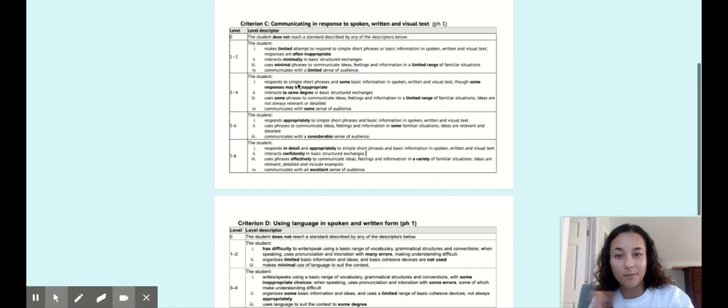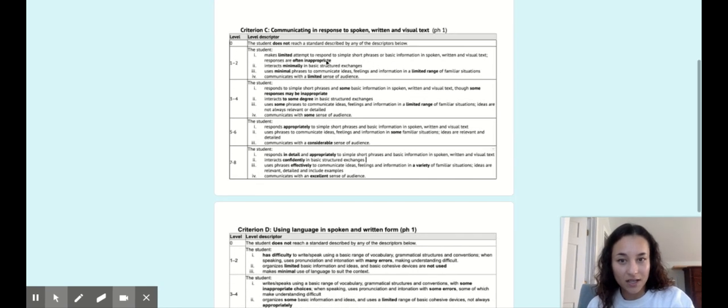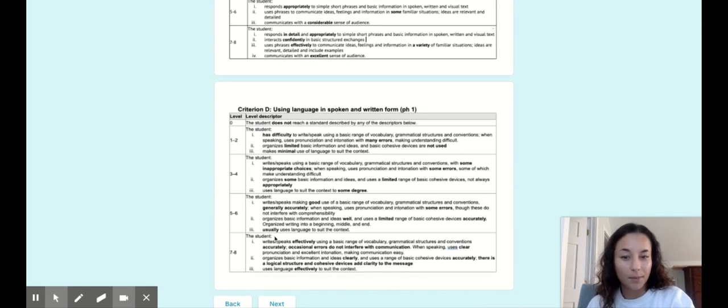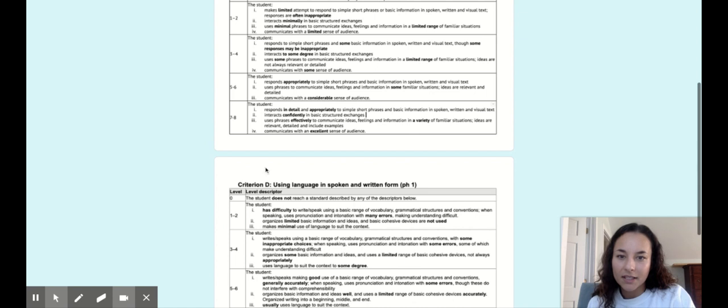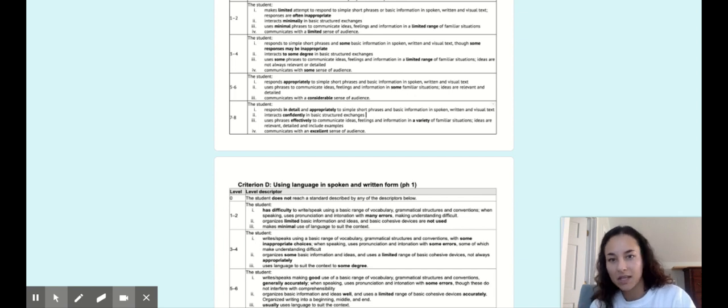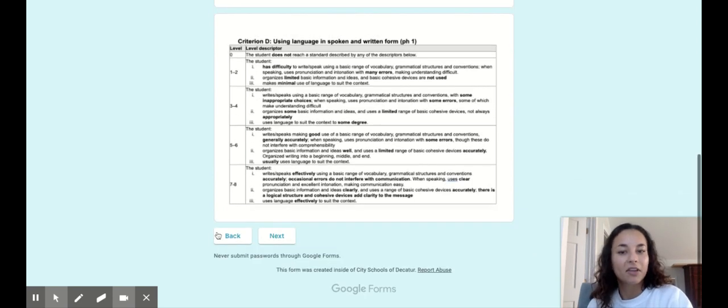So Criterion C is about communicating a message, and Criterion D is more about how accurate that message is. Just know that the 5 and 6 range on both of them is good, appropriate. The 3 or 4 is mostly there. And again, a 7 or an 8 is always above and beyond.